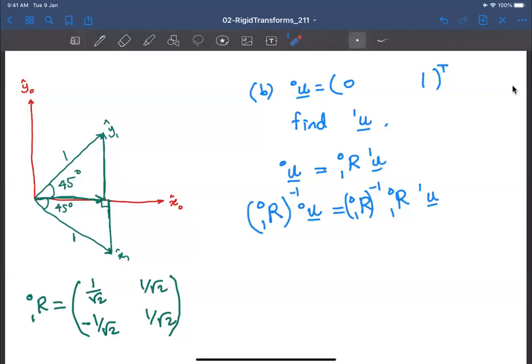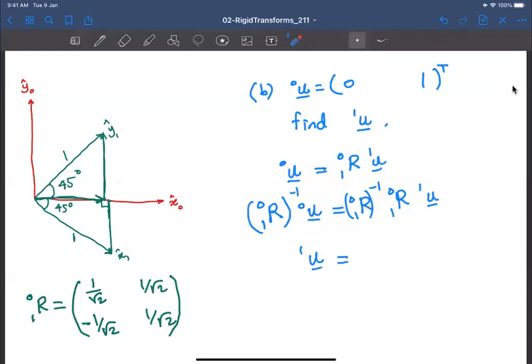So the right-hand side will be equal to u in 1. I'm going to now switch the sides of the equation because we want u in 1 on the left-hand side, and then we are left with this quantity on the right-hand side.